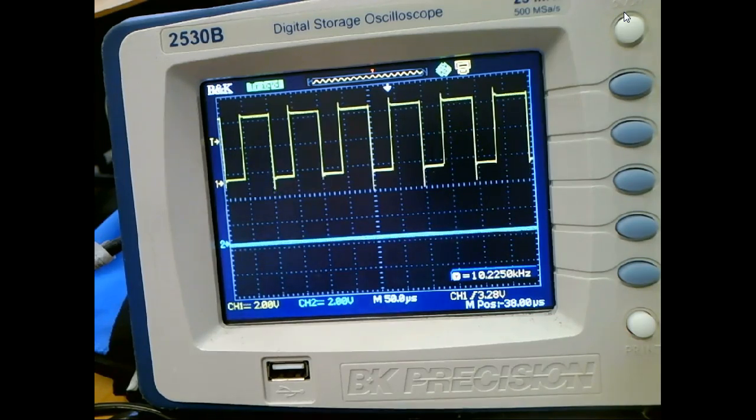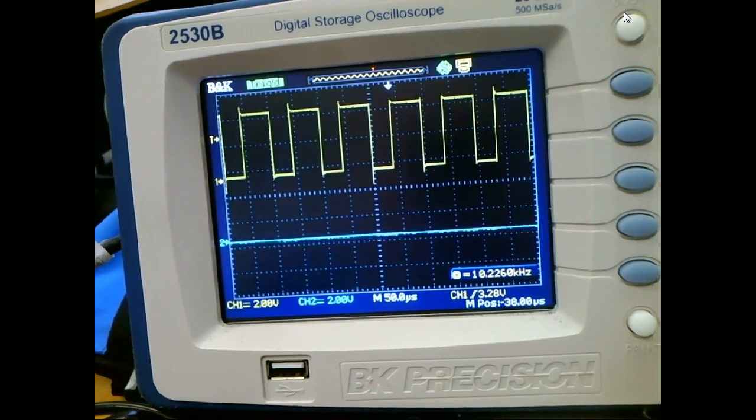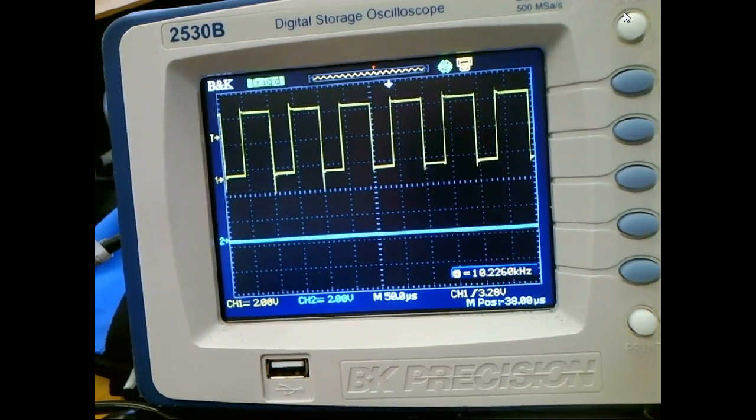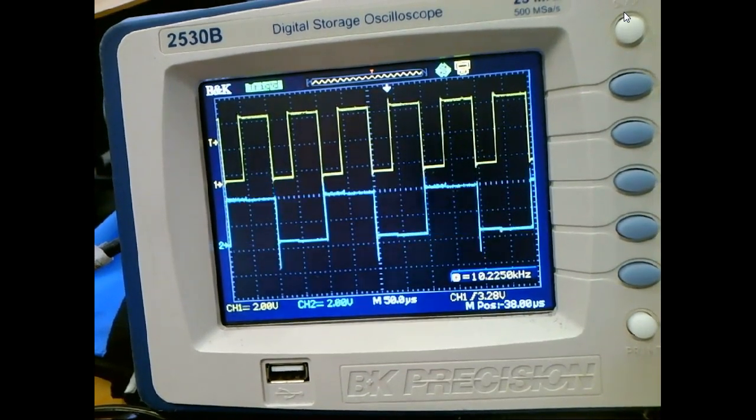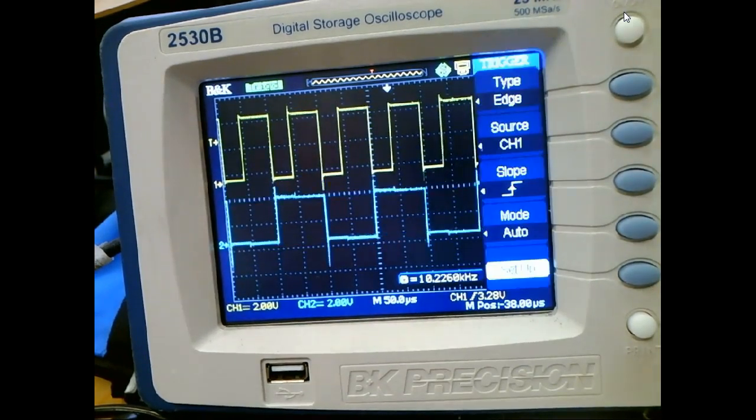Okay, so let's look at the QA output. Isn't that the first thing we're going to draw? And what pin is that? And we're going to have to trigger off channel 2.